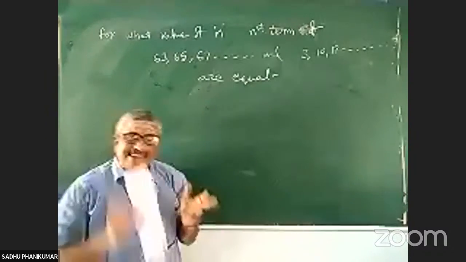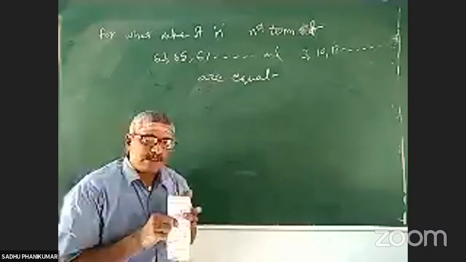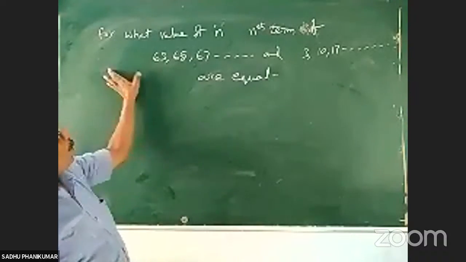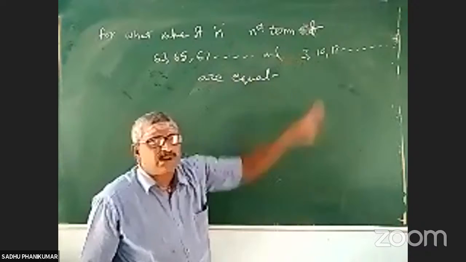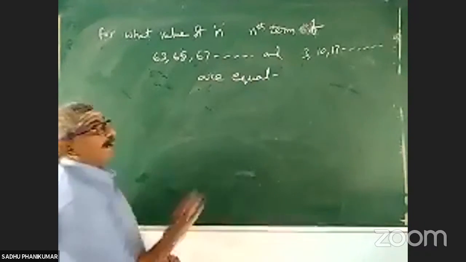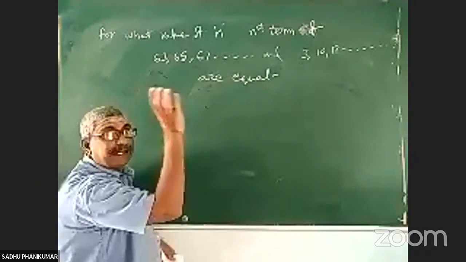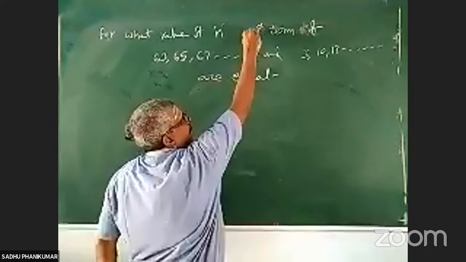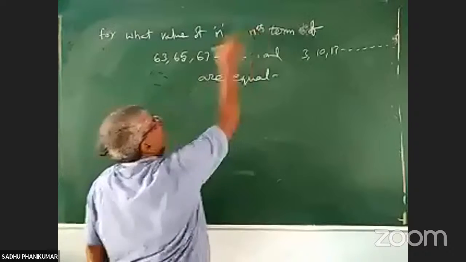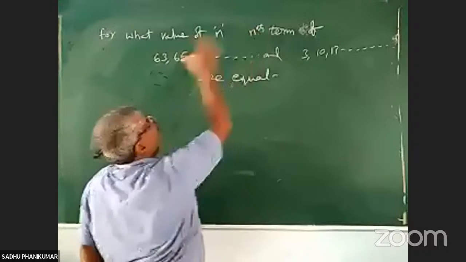Is it the 10th term or 20th term? Which term of both of the progressions are equal? That means for a particular value of n, both of them are equal.